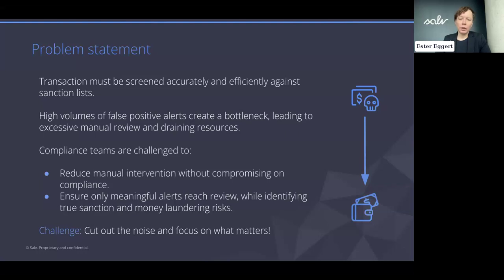When it comes to screening, by definition, high volumes of false positives are inevitable, be it transaction screening or person screening. But if you do transaction screening wrong, it comes with a much larger hit in terms of scalability, bottlenecks, and also friction created for the customers.